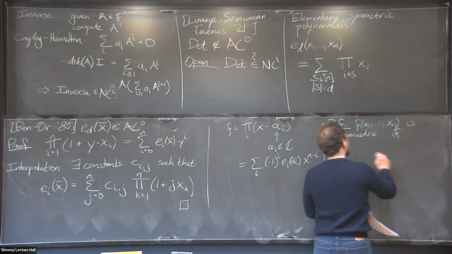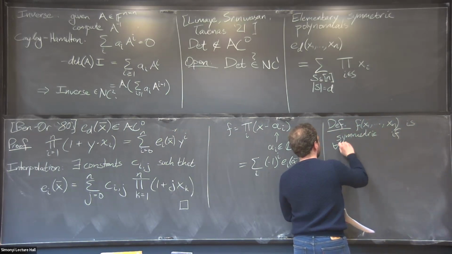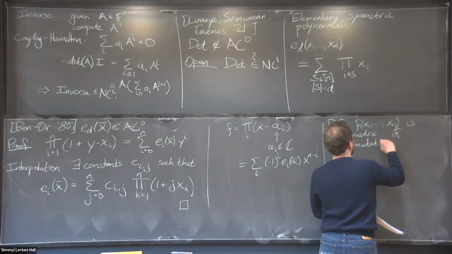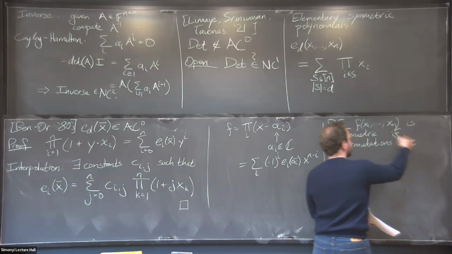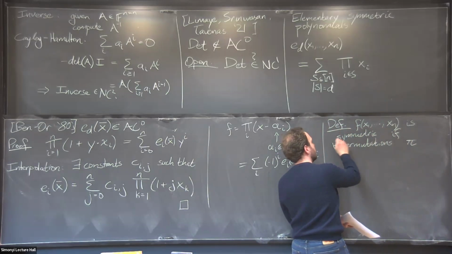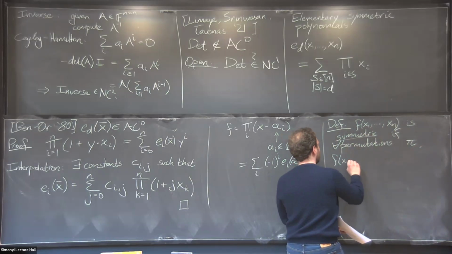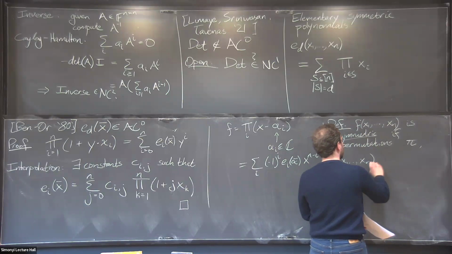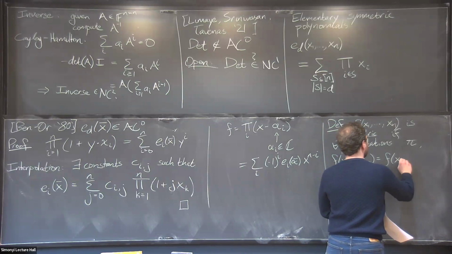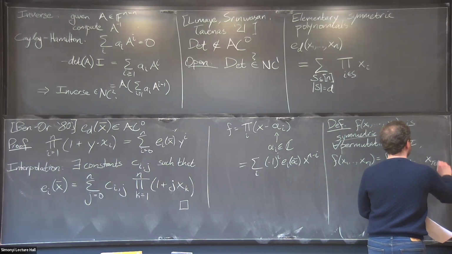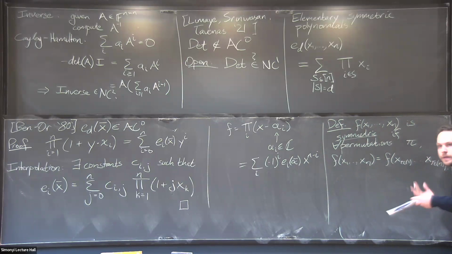These are polynomials that are unchanged under permutations of the variables. So I say f is symmetric if for all permutations pi, f with the variables in the standard order is the same as f with the variables permuted by pi. So these are very nice polynomials.